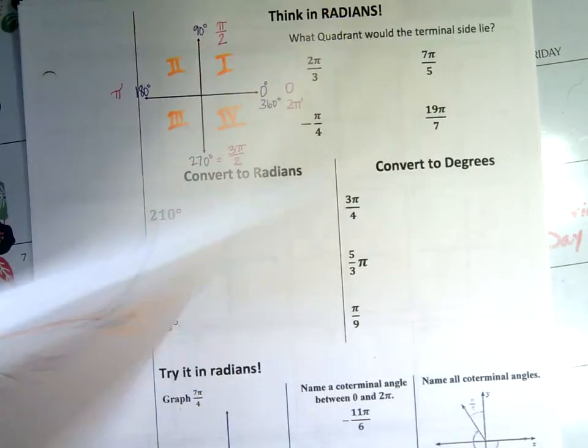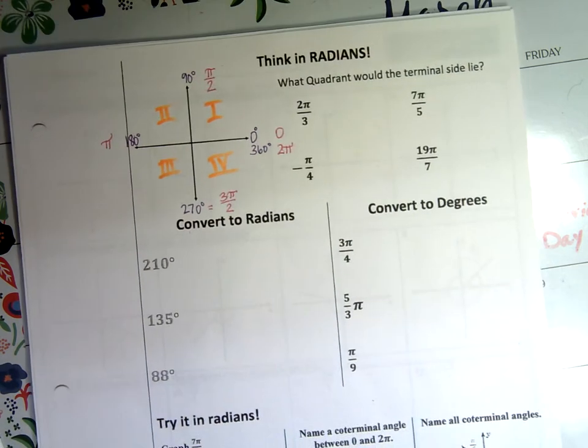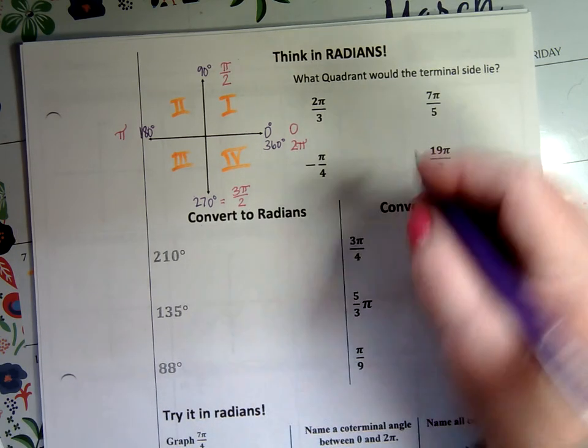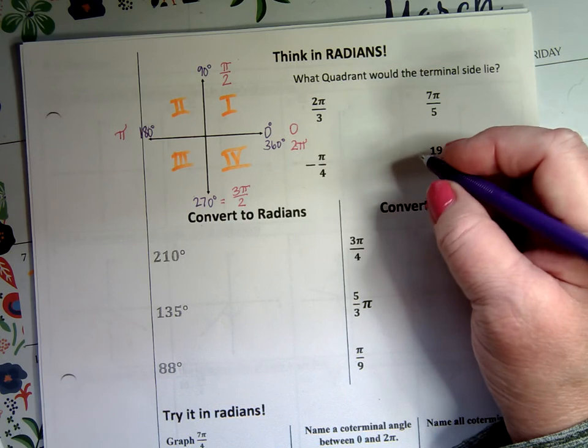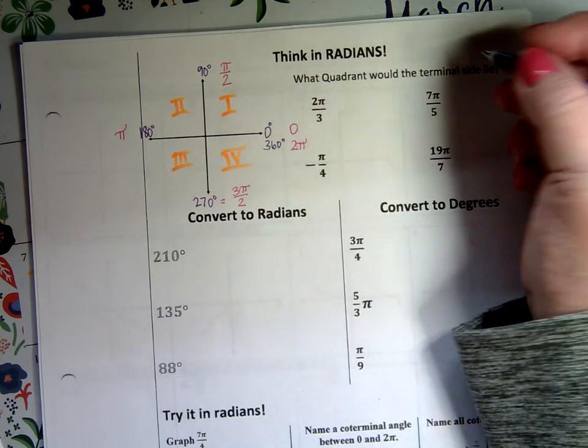Let's go back to our note packet, and it says, what quadrants would these lie in? Well, first one, I'm going 2/3 of the way to pi. It's actually on your unit circle that we just did, and you can see that if I'm 2/3 of the way to pi, I'm in quadrant 2.